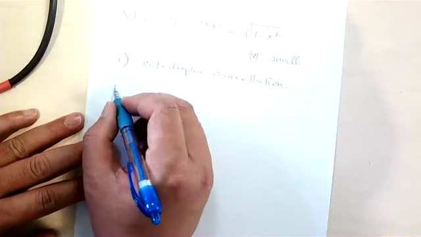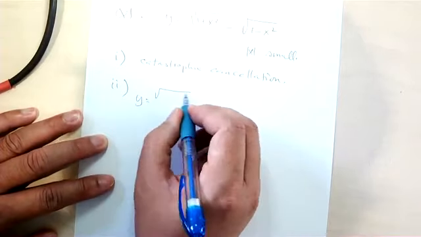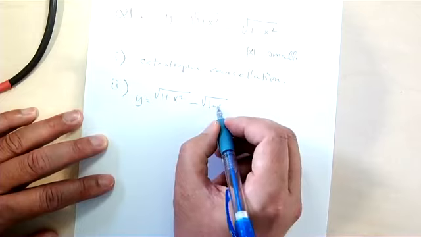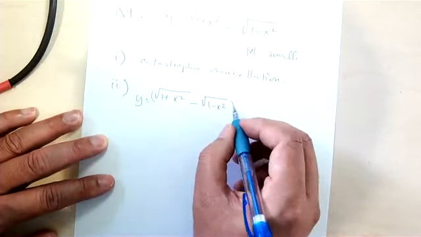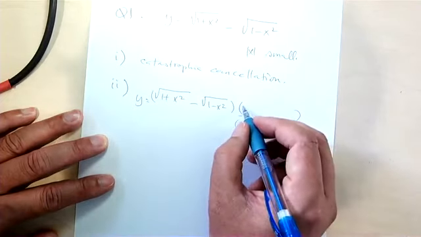So you fix it by, there are many ways to fix it, okay? But in this case, I just multiply and divide by the conjugate of the square root.